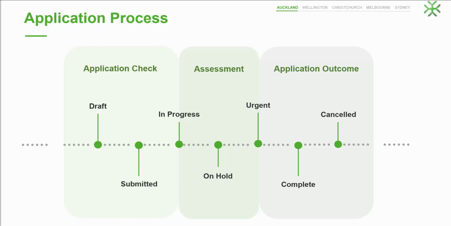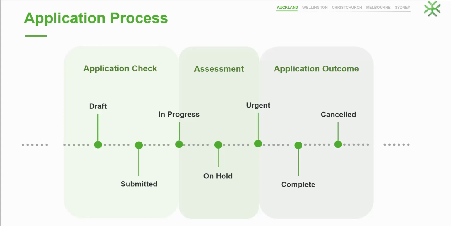Once the application is within Dynamics, in a queue and available to be picked by an agent, it is in a submitted stage. Once an agent takes this application to process, or it's been assigned to an agent, it will go into an in progress status, and the assessment stage will start.